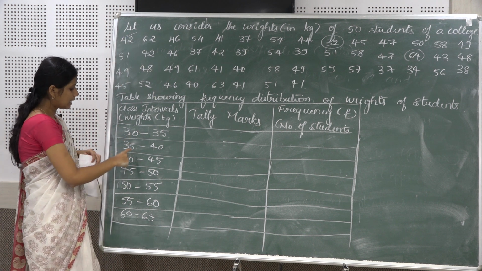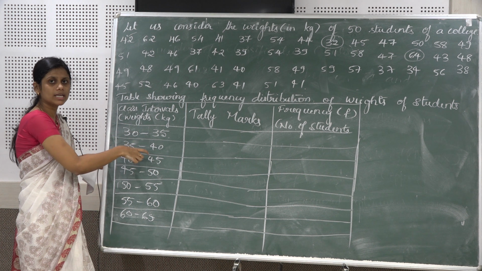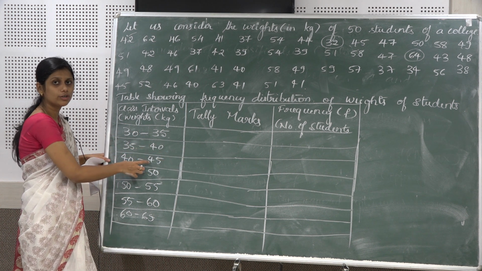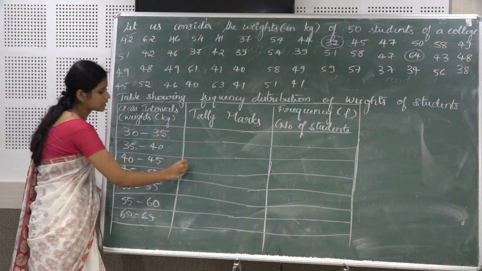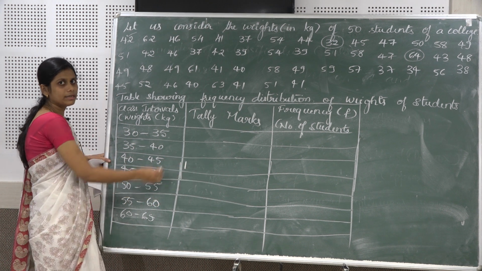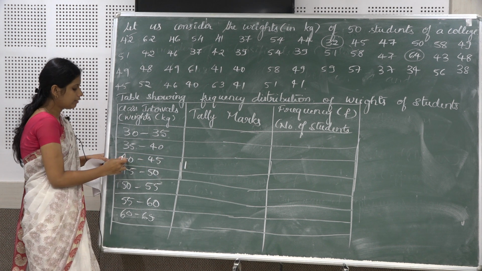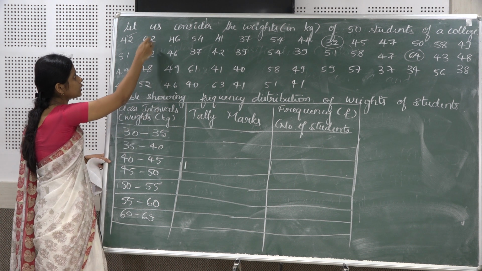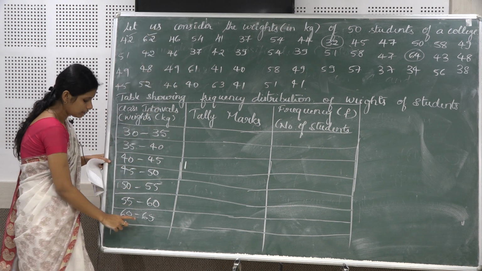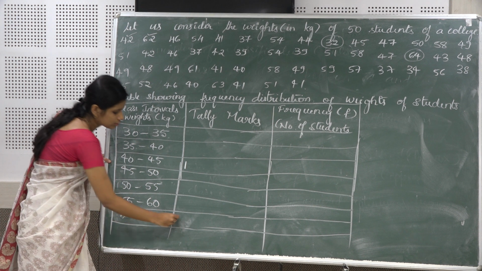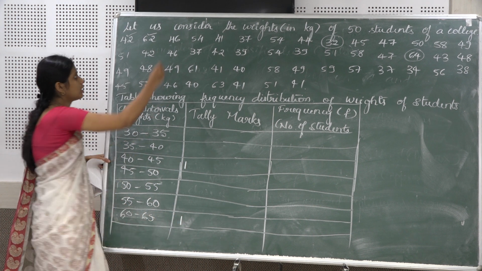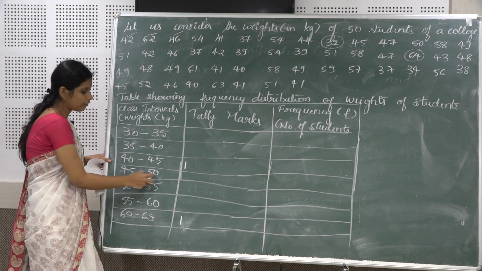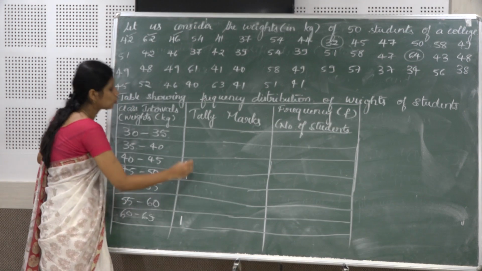We see in which class it lies and mark in front of that class. 42 lies between 40 to 45, so mark the first stroke in front of 40 to 45. Next 62. 62 comes in 60 to 65, so mark one stroke in front of that class. Next 46. 46 lies in 45 to 50, so in front of that mark one stroke.